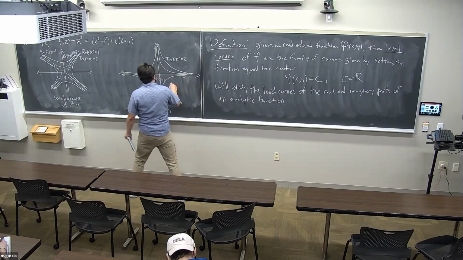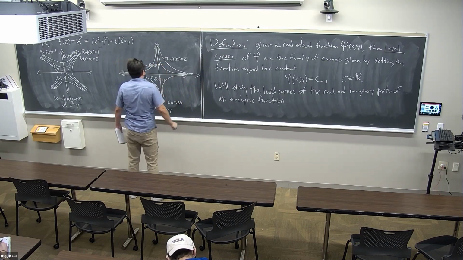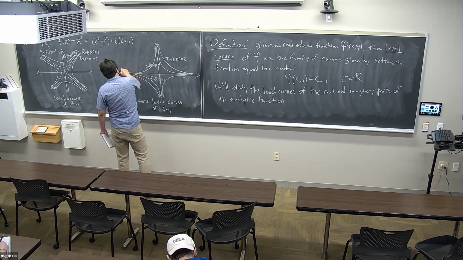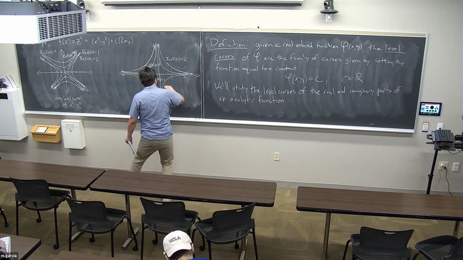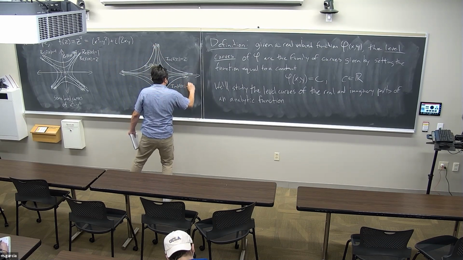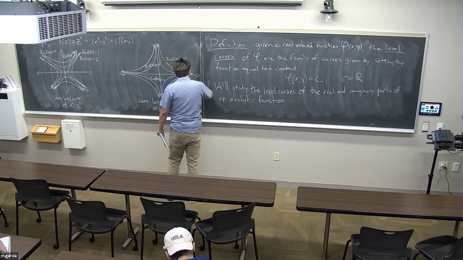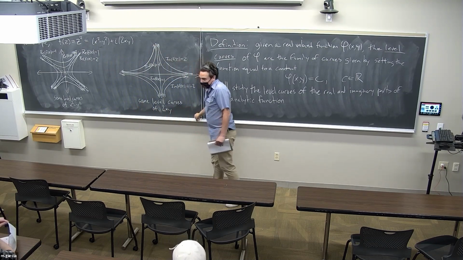So I get the imaginary part of f of z equal to -1, and just for completeness, let's draw one more here. Same story. The imaginary part of f of z equal to -2.